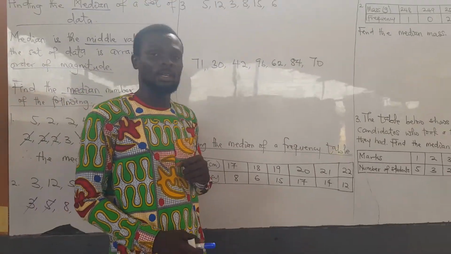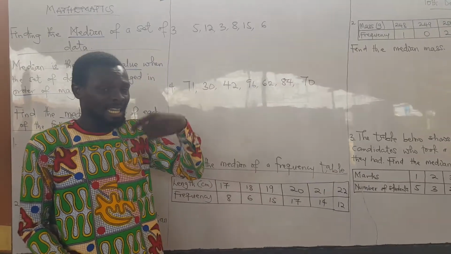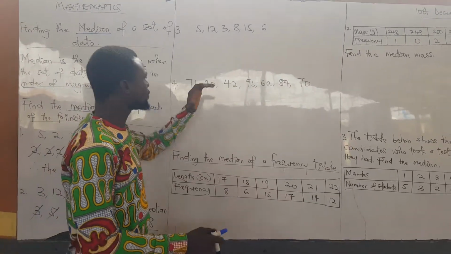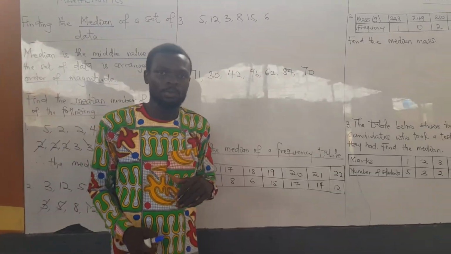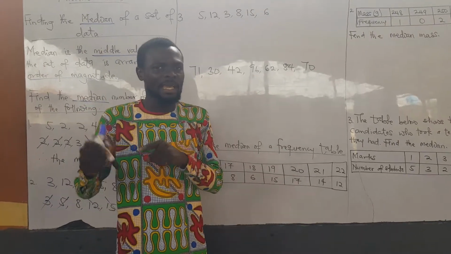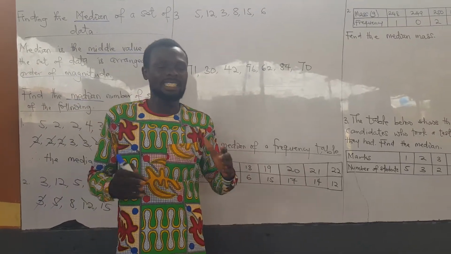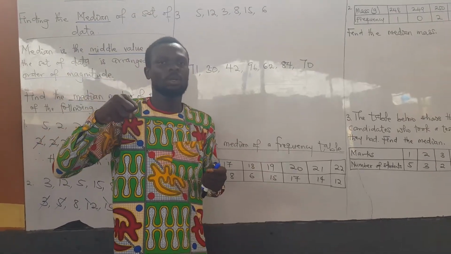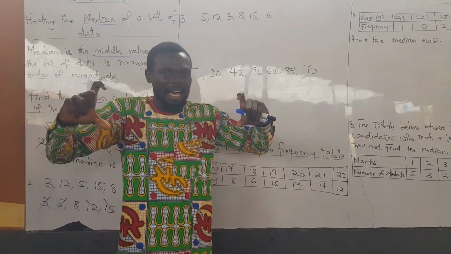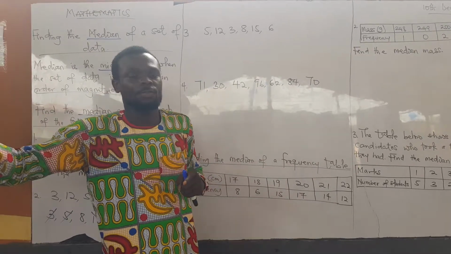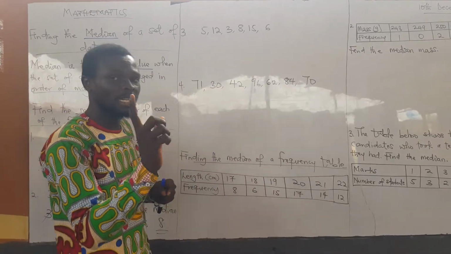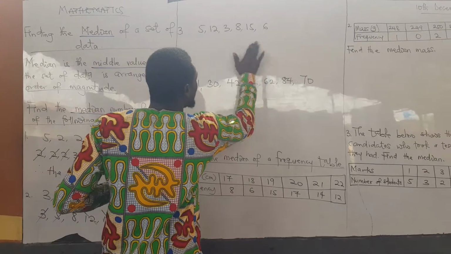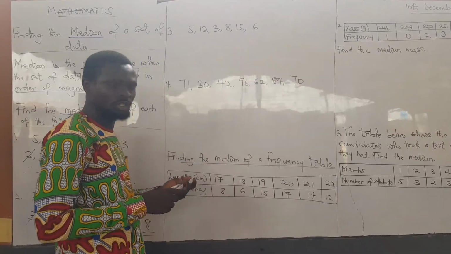Let's look at the number 3. We are to find the median of this value. To find the median, we have been told that the median is the middle value when the data has been arranged in order of magnitude. So the first thing that we have to do is to arrange this in order of magnitude.